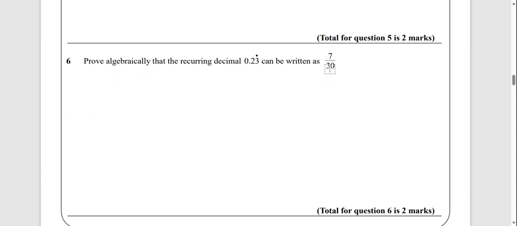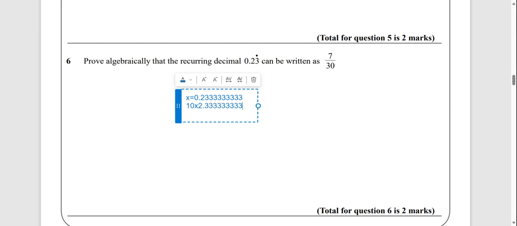This question here tells me I'm going to need to do a little bit of simplifying. So again, I'm going to start by writing out what x is equal to. And it is only the 3 this time that is recurring. So I am going to write my 10x, knowing that that's not going to be sufficient here.